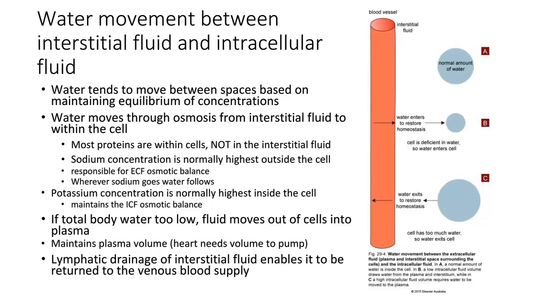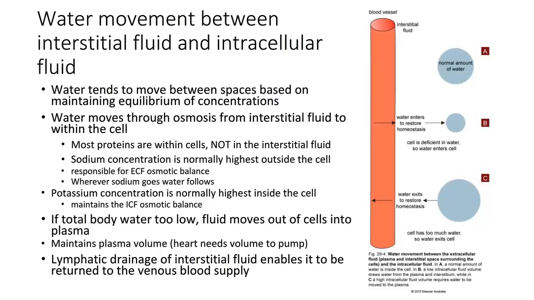If the cell becomes too large with fluid within it, then the water moves out of the cell back through the interstitial space and dilutes or maintains the albumin concentration levels in the vessel itself, so that there's always this water movement stabilizing the normal fluid levels within the cell itself, maintaining the concentration of the proteins within the cell and the proteins within the blood vessels.